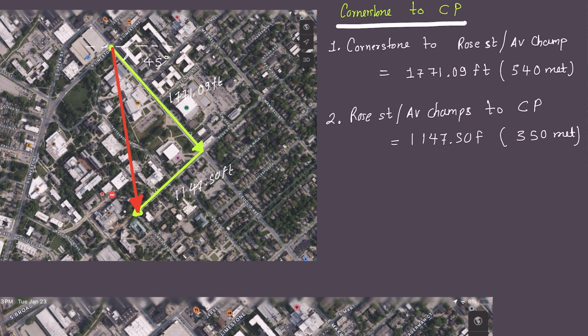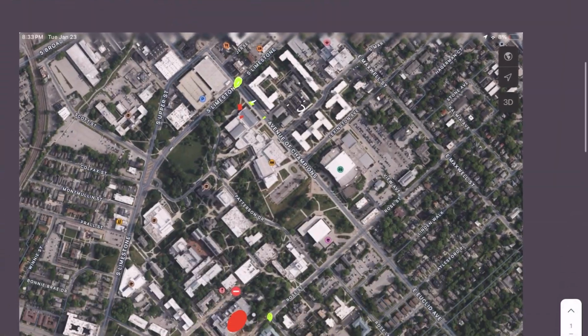Let me make this right triangle diagram separately, so that we can do some calculations. We've got this horizontal line, and this is the Cornerstone Garage.